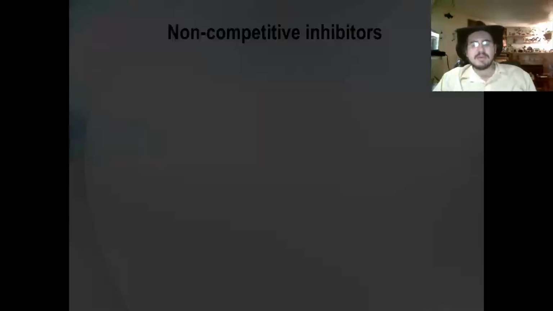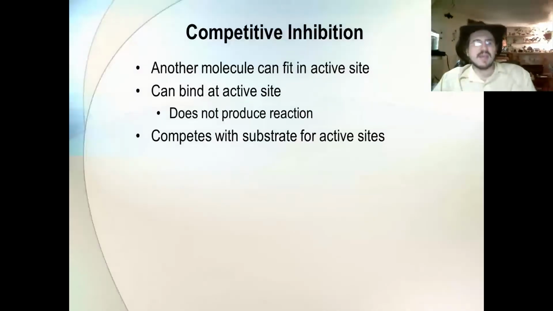Another molecule can fit in the active site, and when it binds at that active site, it does not produce a reaction, and thus the inhibitor that can fit in that active site competes with the substrate for an active site. So if you have a solution that has 50% substrate and 50% inhibitor, depending on the physics of the situation, any enzyme in there would have a 50-50 chance of binding to the substrate or the inhibitor.